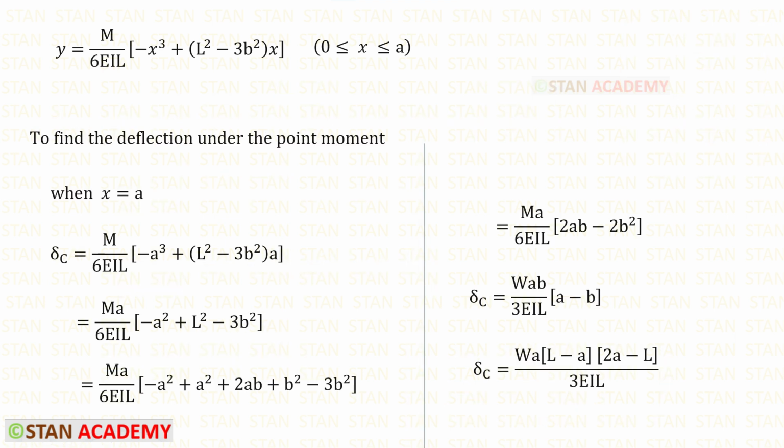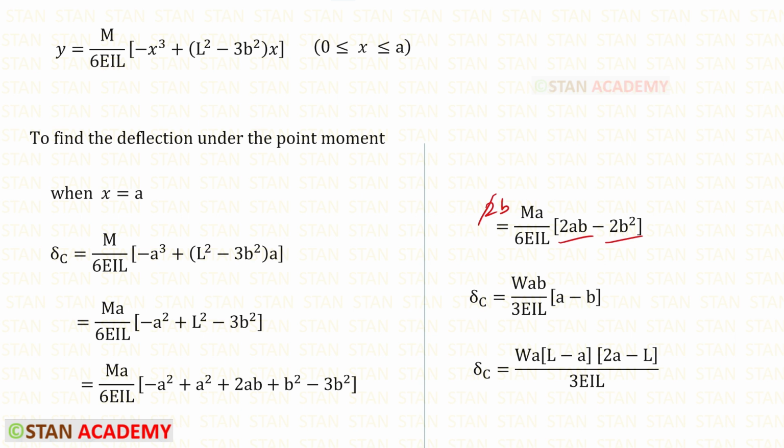To find the deflection under the concentrated moment, in this one, instead of x, we have to apply a. From these two, we can take a outside. We know that L is a plus b. So (a plus b) the whole square will be a square plus 2ab plus b square. We can apply that. Then we can eliminate a square. b square minus 3b square will be minus 2b square. From these two, we can take 2b outside.